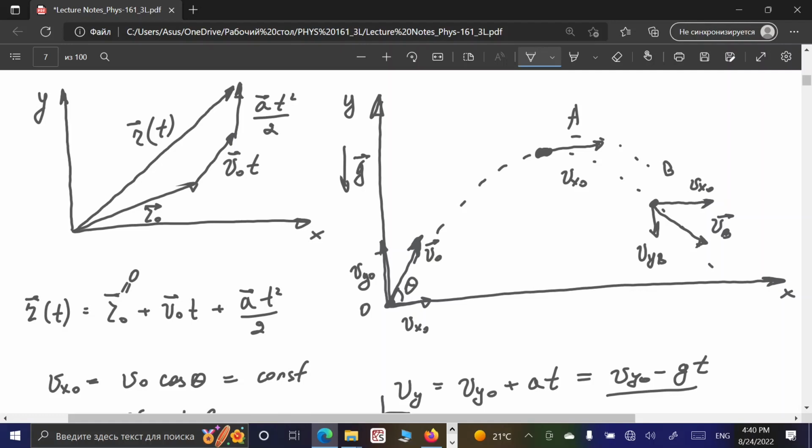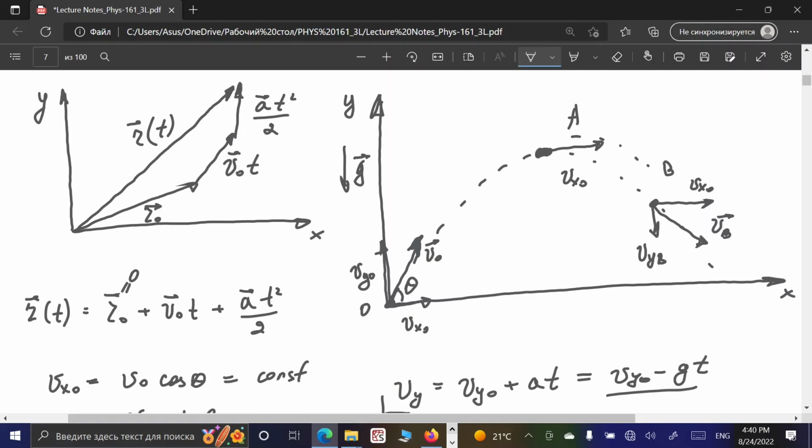If the velocity vector is oriented vertically, perpendicular to axis x, then we would not have any projection on axis x, it would be just projection on axis y. We have a similar case for g, the acceleration of free fall, which is oriented downwards parallel to axis y.